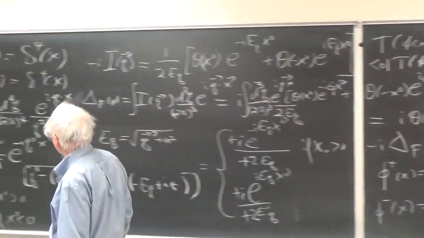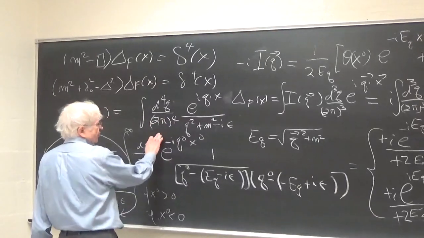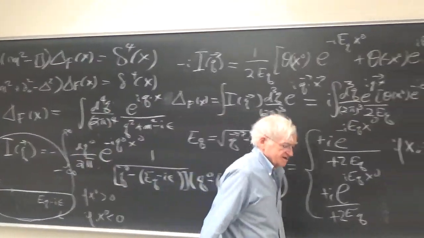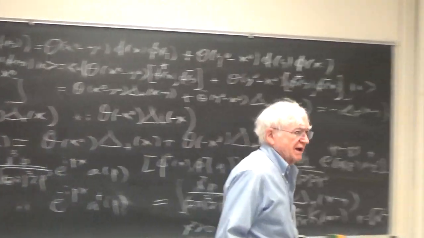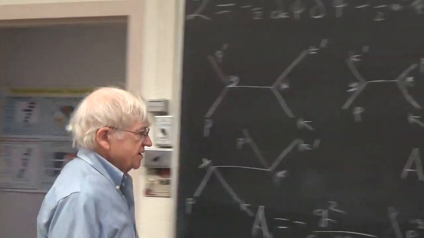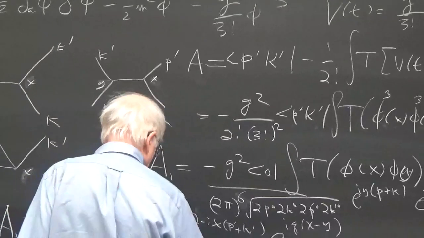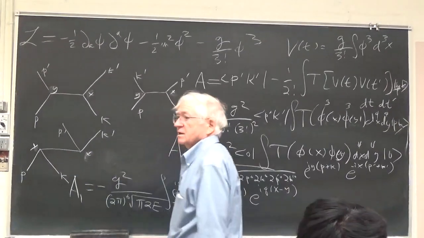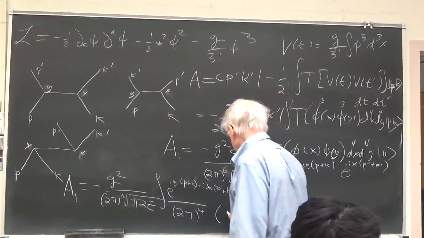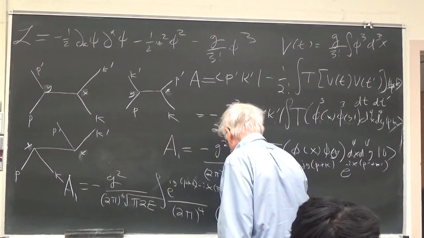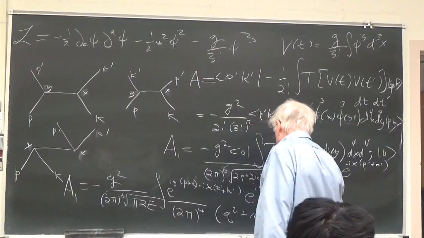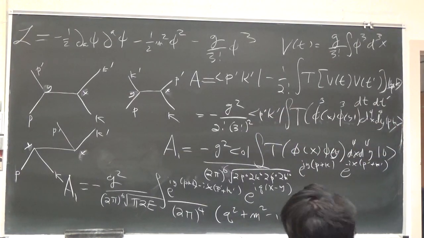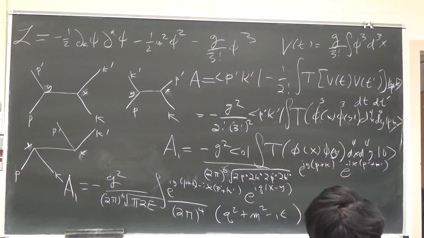And so that's minus I, this integral d fourth q, and instead of x, x minus y. So this is e to the I q, x minus y, over 2 pi to the fourth, q squared plus m squared minus I epsilon. The minus I epsilon doesn't really matter in diagrams that are this simple.